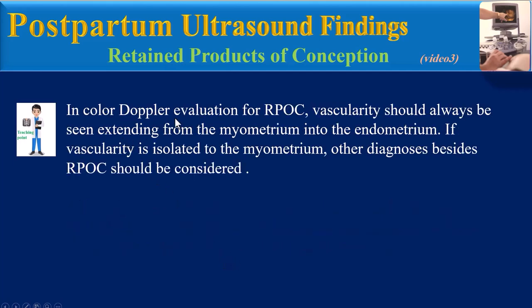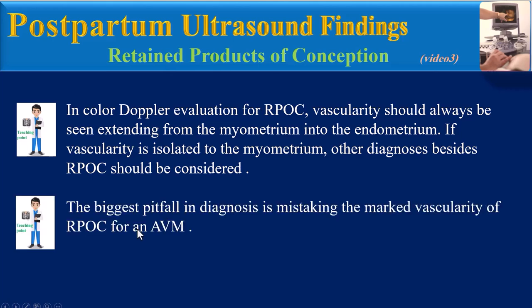In color Doppler evaluation for RPOC, vascularity should always be seen extending from the myometrium into the endometrium. If vascularity is isolated to the myometrium, other diagnoses besides RPOC should be considered.